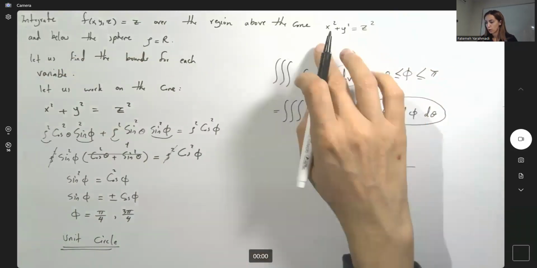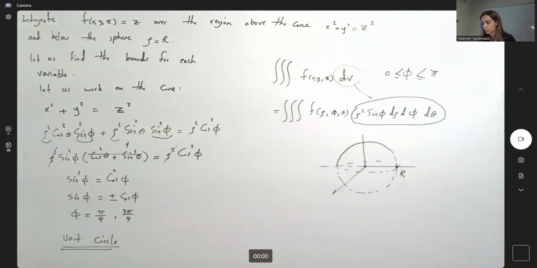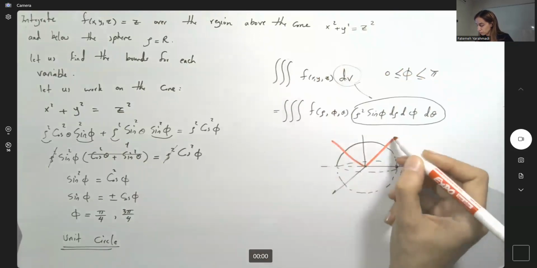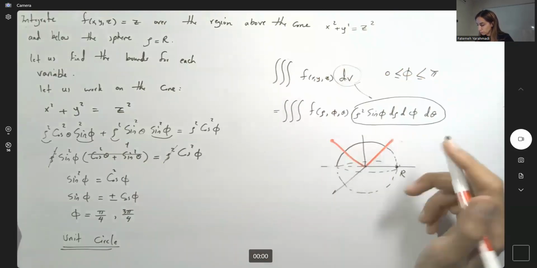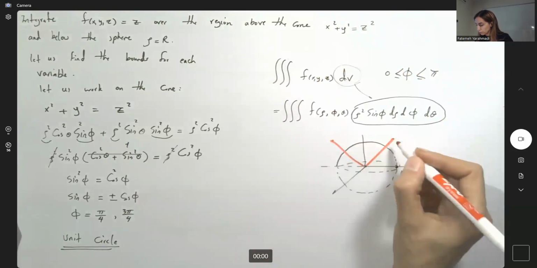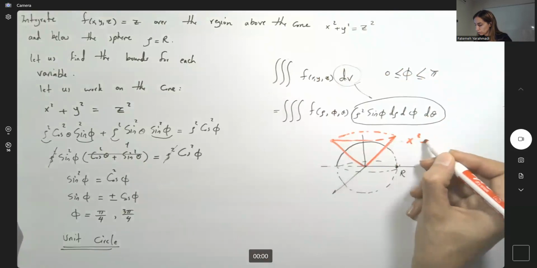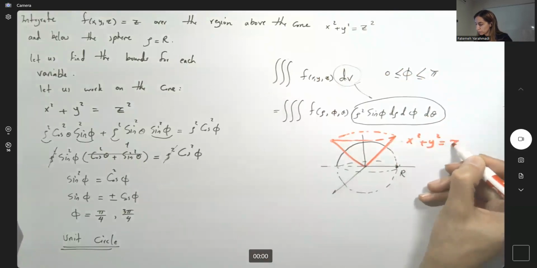And for your cone, x squared plus y squared is equal to z squared. For this, you have the following cone, x squared plus y squared equals z squared.